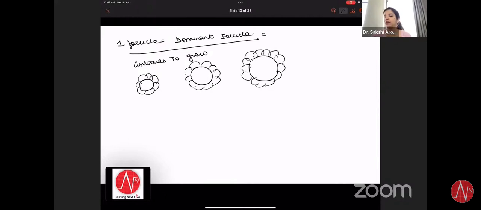Now, this dominant follicle passes through many stages of growth, for example, pre-antral stage, antral stage, and Graafian follicle. We do not need to memorize the details of these stages. You just need to know that when the dominant follicle grows, it passes through many stages, like pre-antral stage, antral stage and Graafian follicle.